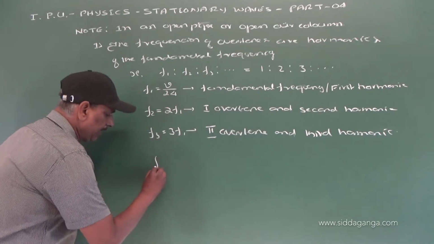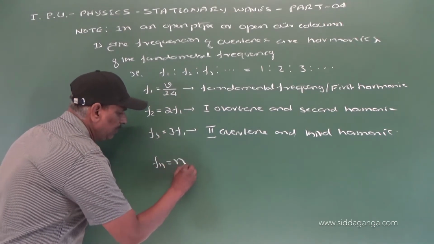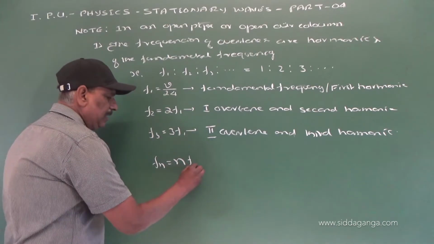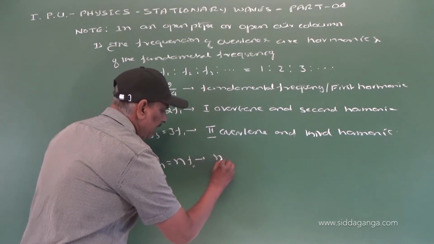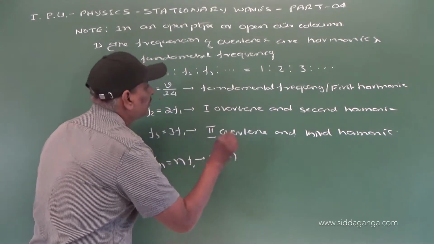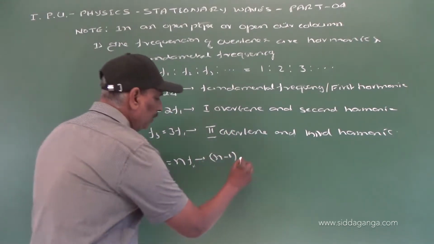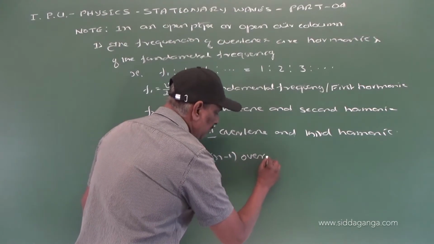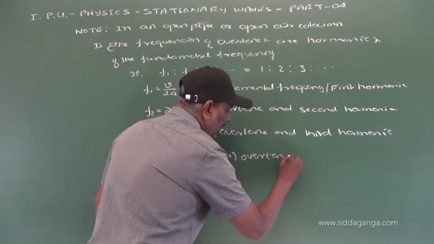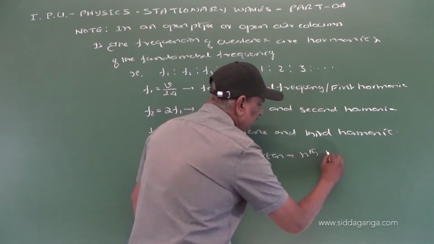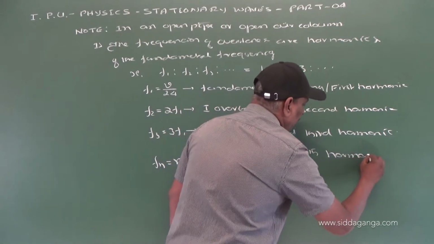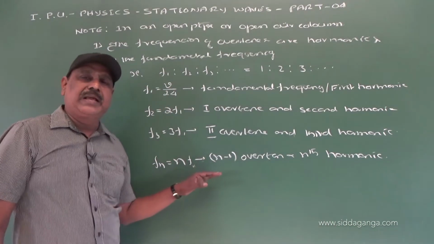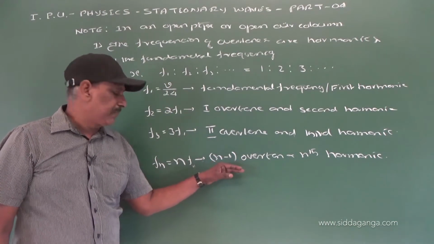Similarly, Fn is equal to n into F1, so that is the n minus 1th overtone and nth harmonic, where n is equal to 1, 2, 3, 4 etc., an integer.